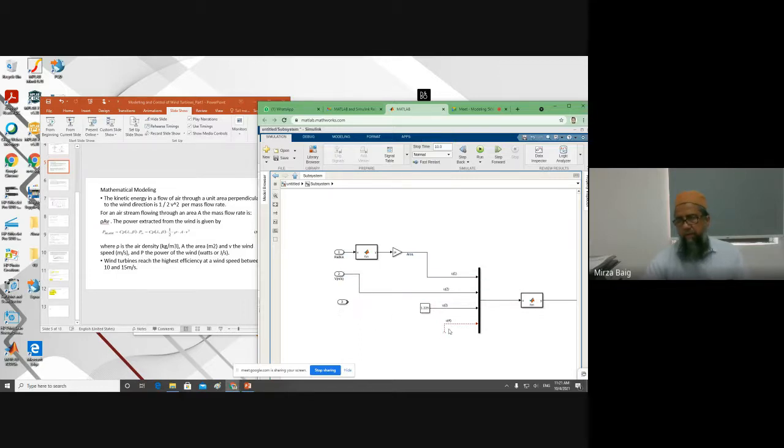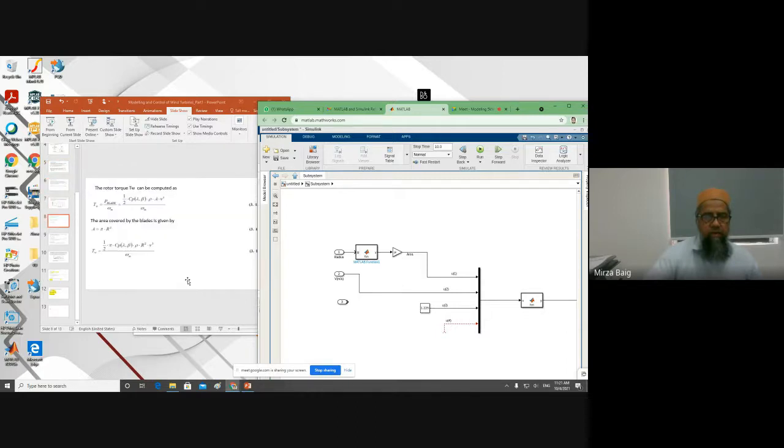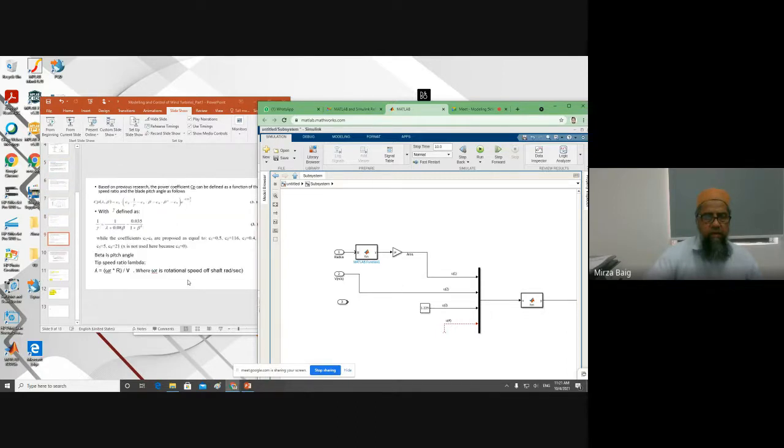And the fourth one is Cp. So for Cp, we need to look at the Cp equation. We have 1 over lambda and beta. So we have two coefficients, and the rest of them are constants. So we need beta and lambda.